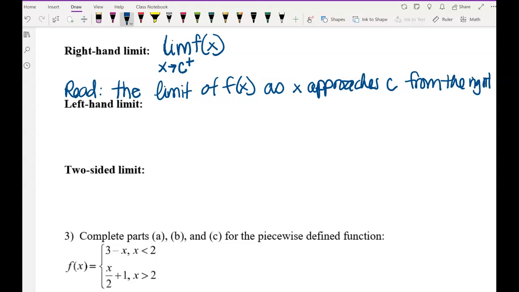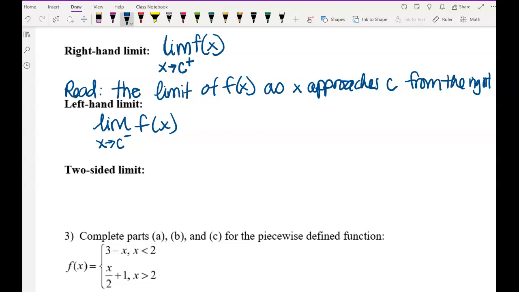Now, left-hand limit notation, students, is going to be the limit, and then x approaches c, and then the superscript is the negative of our function f of x. So this is the limit of f of x as x approaches c from the left.